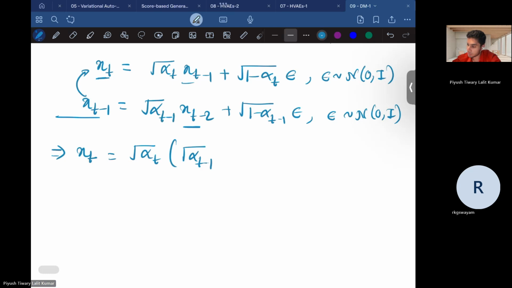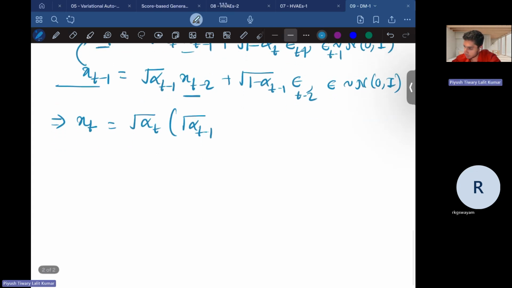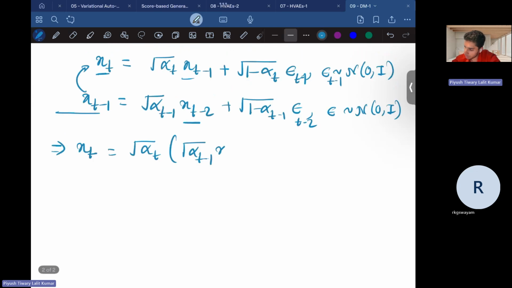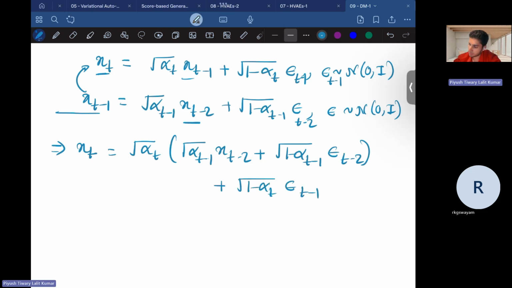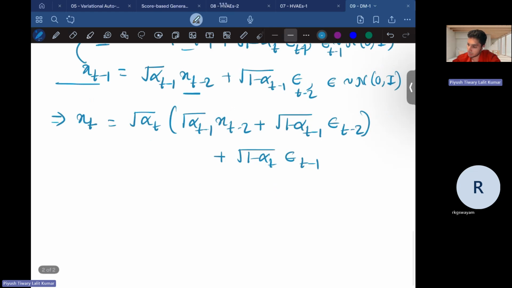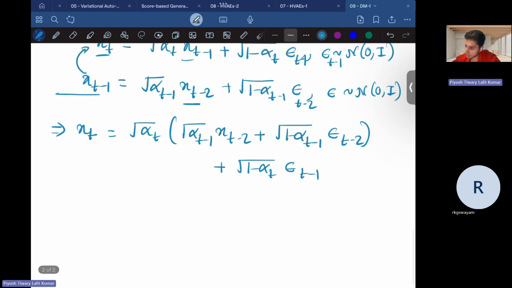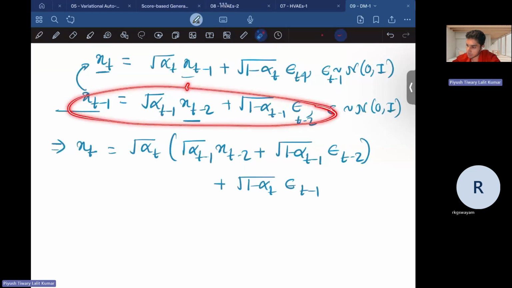Let's call this epsilon t minus 1, just to be clear that there are two epsilons. So this will be root of alpha t minus 1 xt minus 2 plus square root of 1 minus alpha t minus 1 epsilon t minus 2 plus square root of 1 minus alpha t epsilon t minus 1. This is what it is. I have done nothing, I have just taken this equation and substituted it here. That's all.